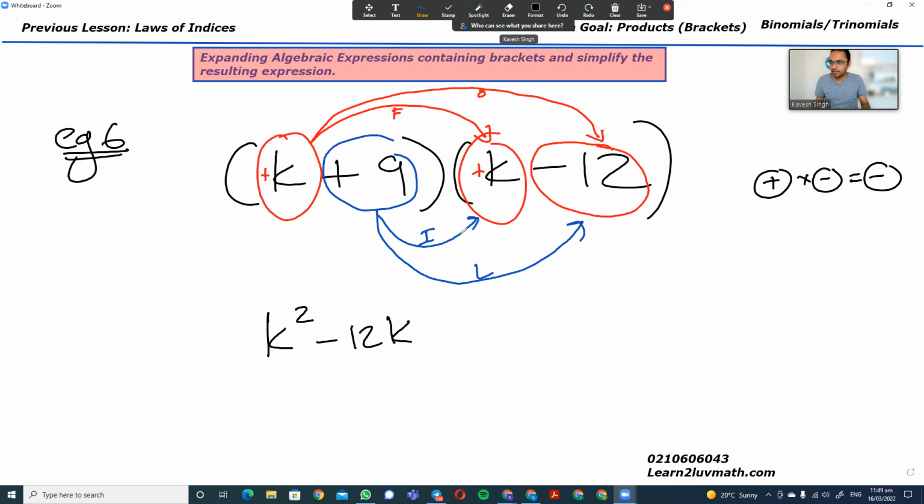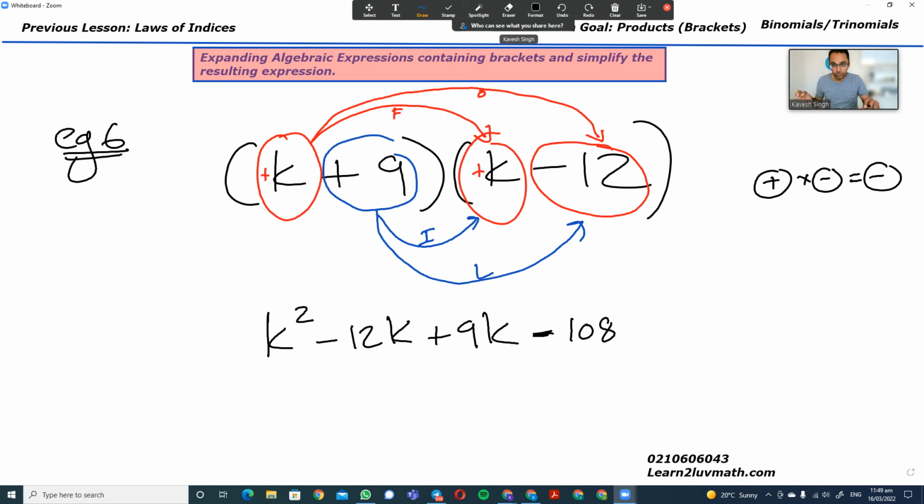Plus 9, the inner two, 9 times K gets you 9K. Plus times plus is plus. So plus 9K. And then plus 9 times negative 12, 9 times 12 is 108. And plus and minus becomes minus.